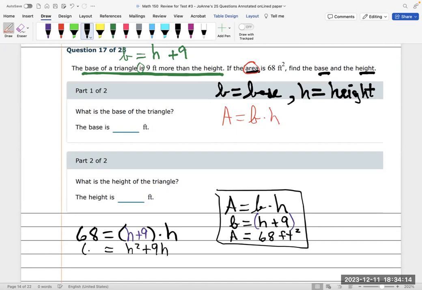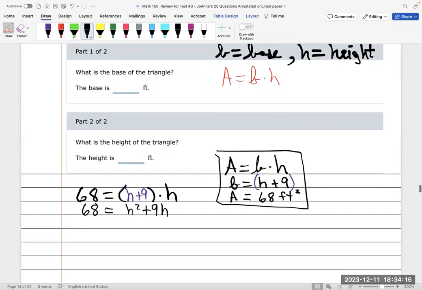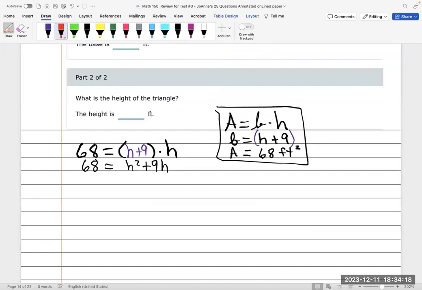Once I realize I have a quadratic, I would like to use the quadratic formula or factor. So solve for 0. I'm going to subtract 68 from both sides. And I'm left with 0 is the same thing as h squared plus 9h minus 68.